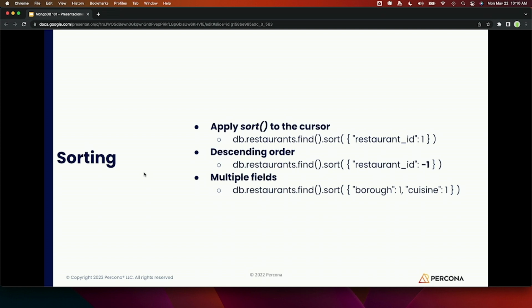And there are a couple more things that we can do with cursors. We can sort the values. We can change the order of the information reported. And we can also query for multiple fields, right? So let's see what happens with each of these things.